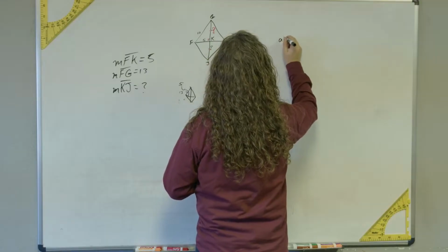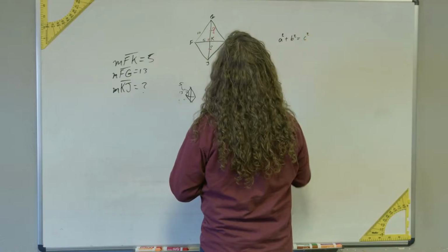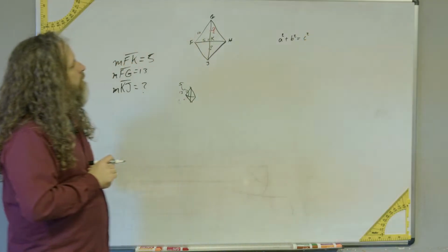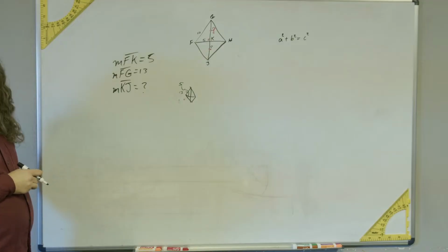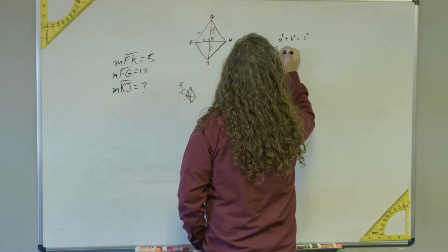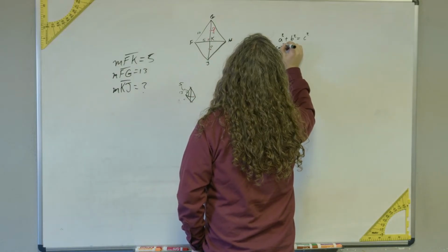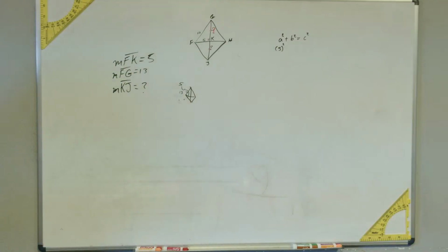A squared plus b squared equals c squared. Which ones are we going to put numbers in? A and what else? No, not B. How do I know which one is C? That's the one that really matters where it goes.